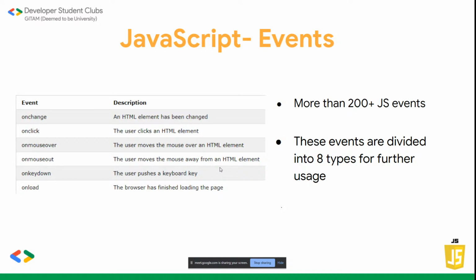Whenever you move the mouse out of the button, that's onmouseout. Whenever you press a key, that's an onkeydown event. And whenever the web page finishes loading, that's an onload event. Like that we have more than 200 JavaScript events. These events are further divided into 8 types based on usage. And we'll dive deeper into how events work internally.